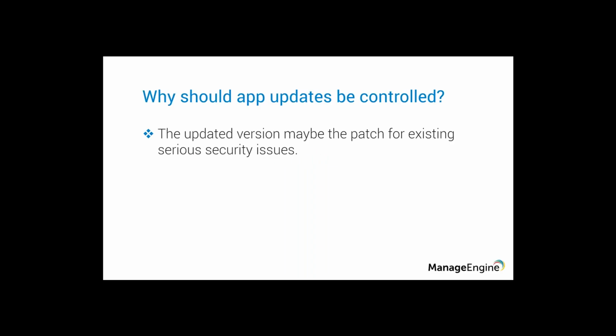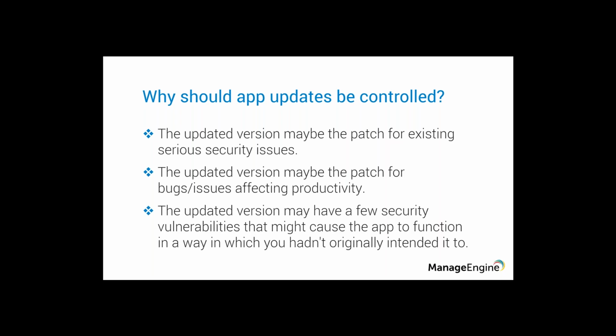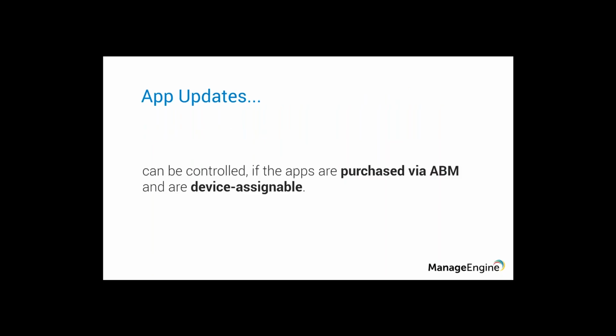Now, we have discussed in detail how you can deploy applications silently, but how do we control the app updates, and why is it necessary? Well, app updates would have certain patching for existing security issues. They can bring about a change in how you use the application, or the updated version of the application might have some security vulnerabilities that the others can use to infiltrate in.